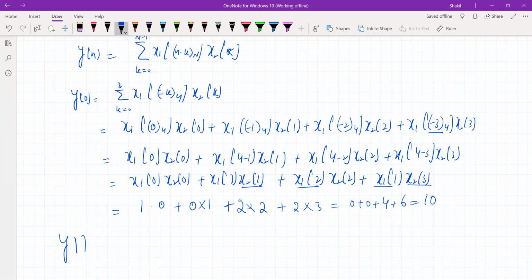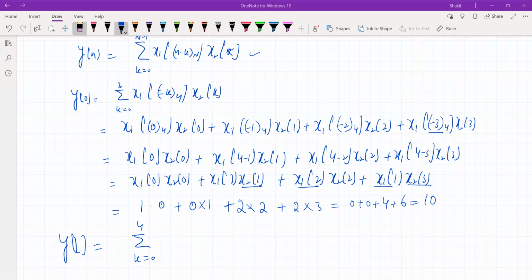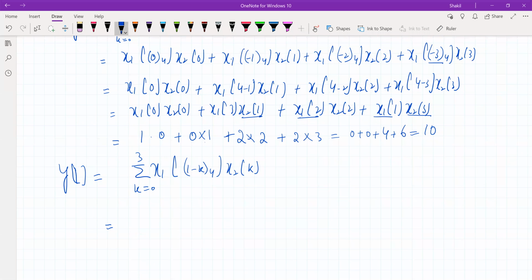Similarly, y of 1 is equal to the sum over k from 0 to 3 of x1 of (1 minus k) modulo 4, x2 of k. So let's evaluate the summation. Here n is equal to 1.